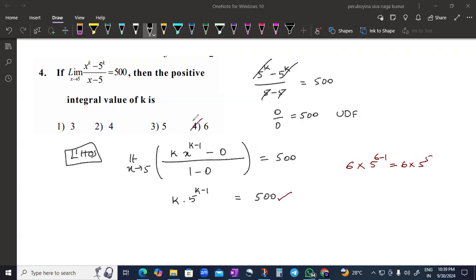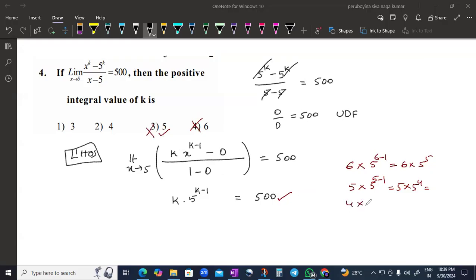So 6 is not a solution. Let's try 5. So 5 into 5 power 5 minus 1, so 5 into 5 power 4. 5 power 4 is 625. It has also crossed the value.